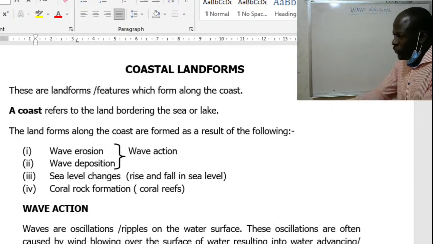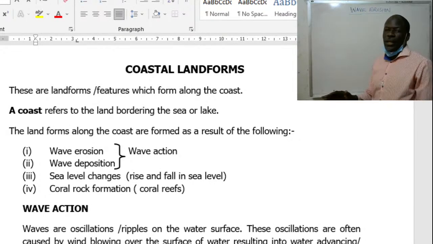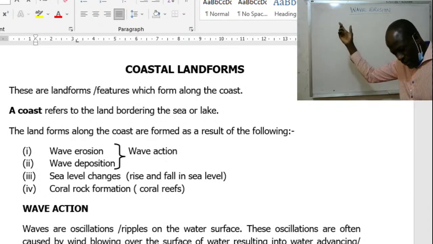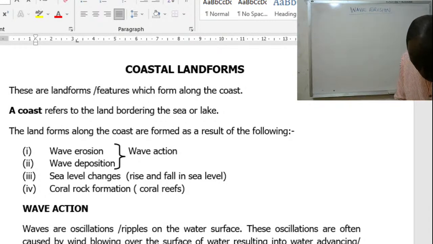So the movement of water within the sea or the lake is basically ending at the coast, unlike the waters of the river that flows from the source to the mouth, so the water continues flowing. In this case, the water is only within the same position because we are in a basin or a depression in which the water is moving.